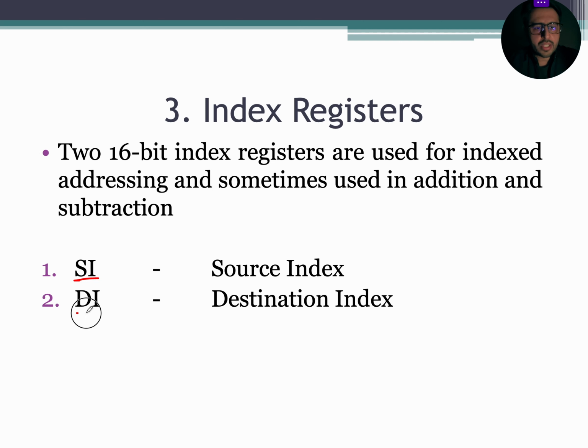Number 2 is DI, known as destination index. It is used to store offset address of destination operand. It works with ES. Both SI and DI registers are used in string movement operations.